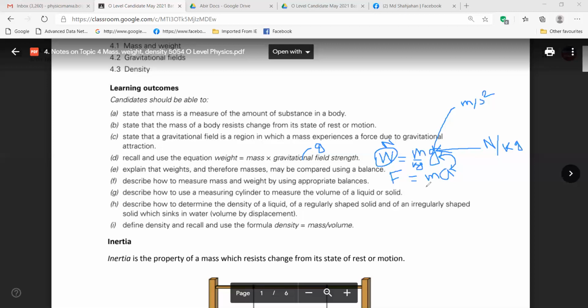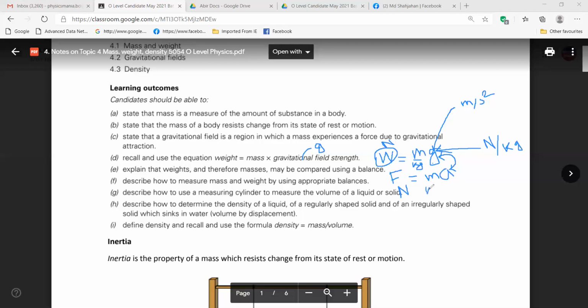Now I am showing you how Newton per kg and meter per second square are equal. You see here we are getting Newton, right? And if you are thinking about mass, then it's kg.